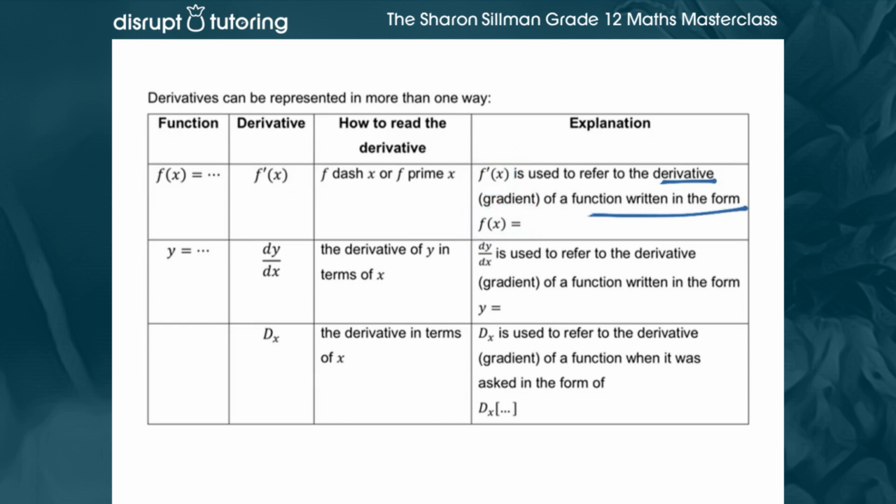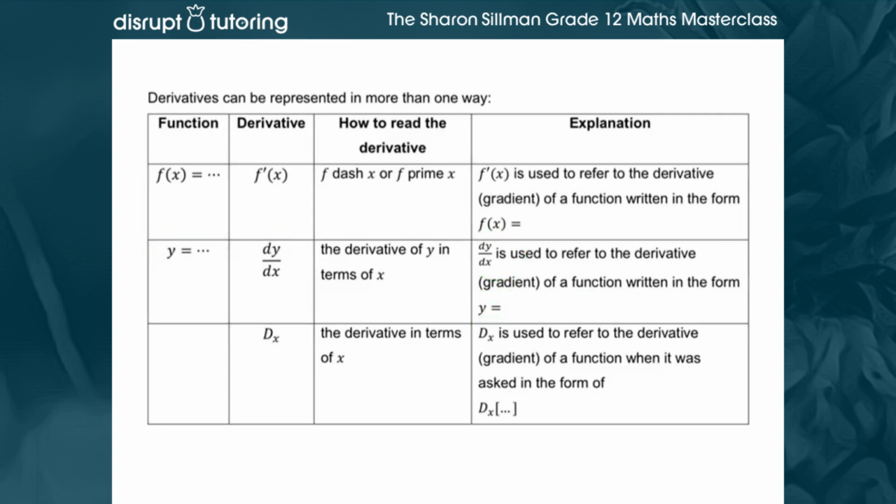Then if the function is written in the form y equals, then we have to show the derivative using this. Basically we are saying the derivative of y in terms of x. So this is used to refer to the derivative of a function if the function has been written in this format.